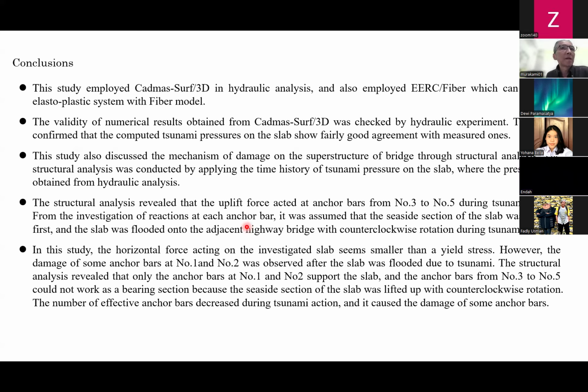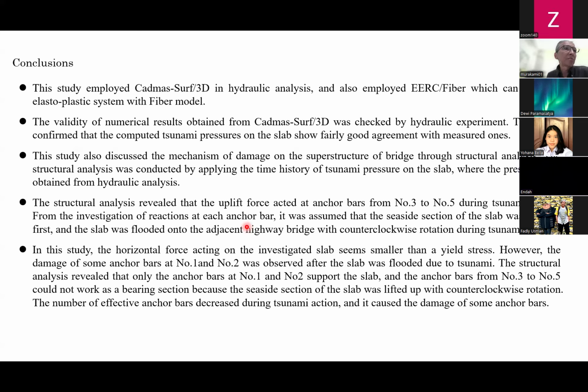The structural analysis revealed that only the anchor bars at number 1 and number 2 support the slab, and the anchor bars from number 3 to number 5 could not work as a bearing section because the seaside portion of the slab was lifted up due to tsunami action with counterclockwise rotation.